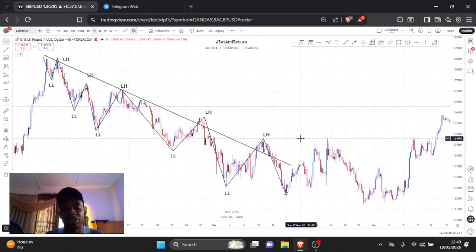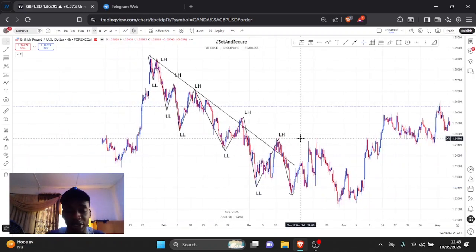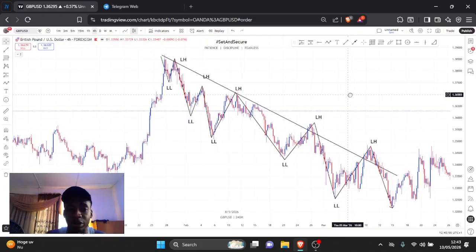Alright, so this is usually what a lower high and lower low look like on the forex market.